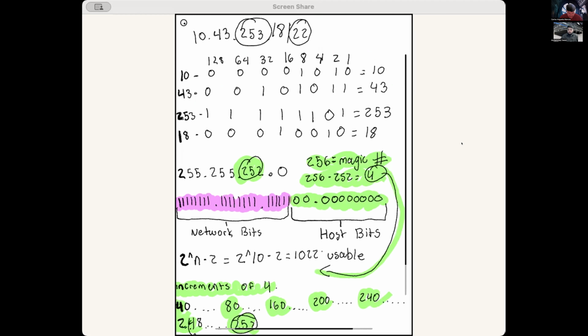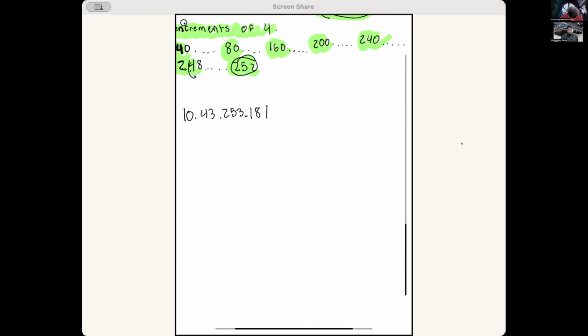10.43.18.0/22. So we know that this goes to 252, right? 255, that 252, that 0.